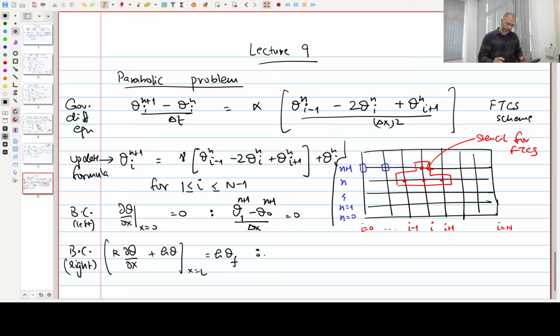Again, it's being done for the n plus 1th time, because nth time values for all thetas, including the boundaries, are known to us.